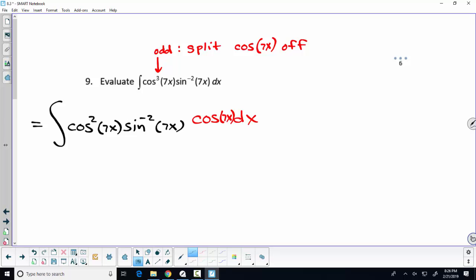So what should our u be? U is the sine of 7x. That means du is the derivative of sine, which is cosine. The derivative we multiply by 7, 7 cosine 7x.